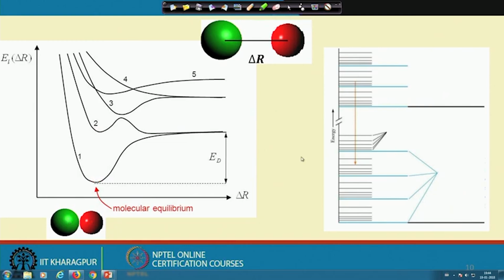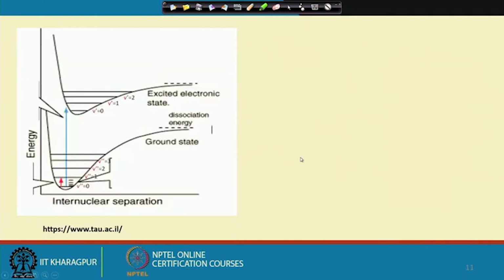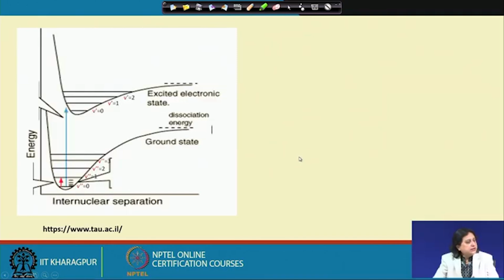And once we understand this, let us next try and understand what are the typical differences in energy values as I go from the ground electronic state to the excited electronic state. You will find that there are three types of energy scales involved. The first one: if you go from the ground electronic state to the excited electronic state, you would require typically an absorption of energy of about 100 to 1000 electron volt.